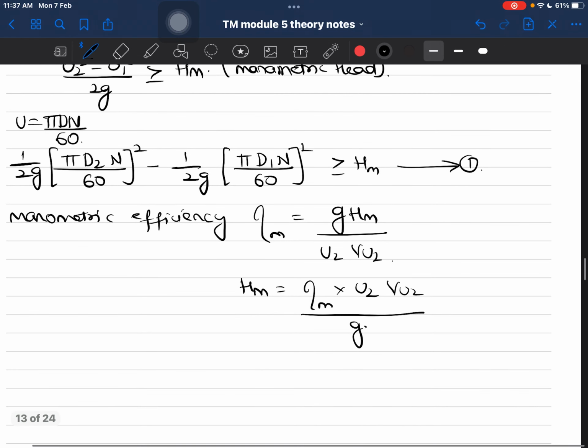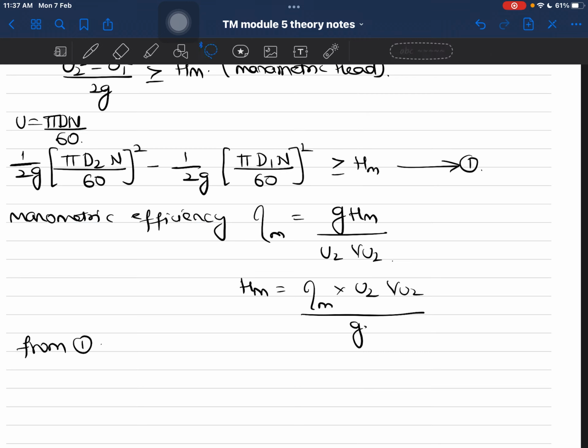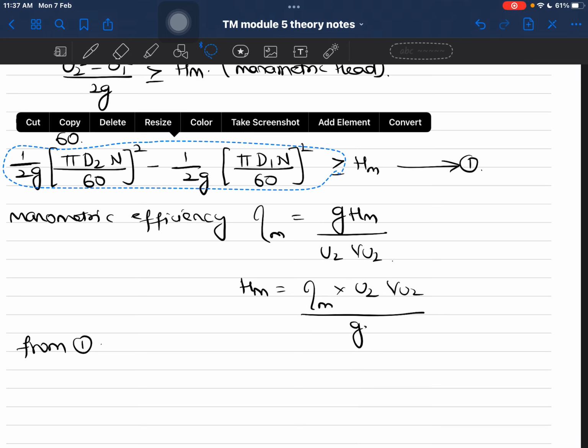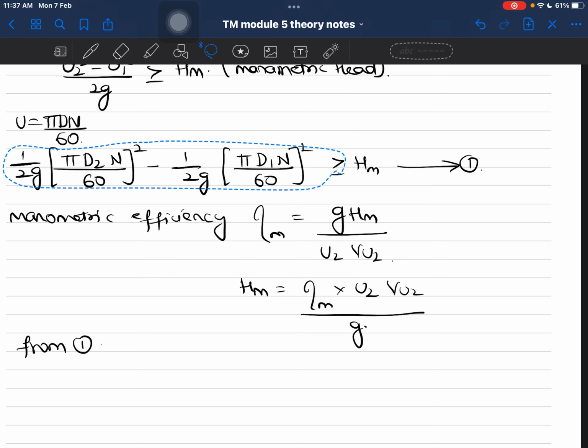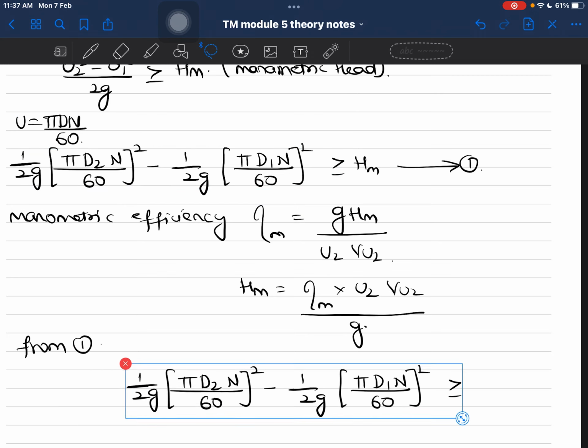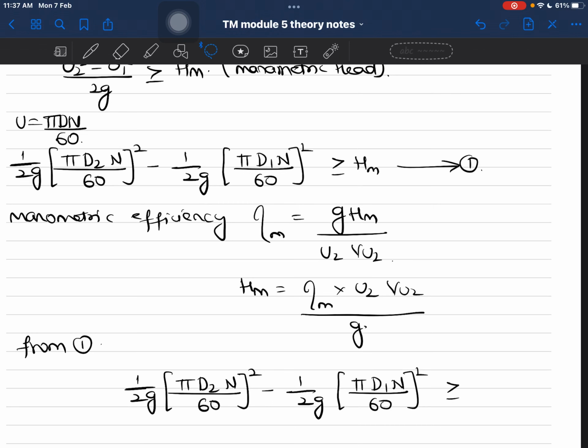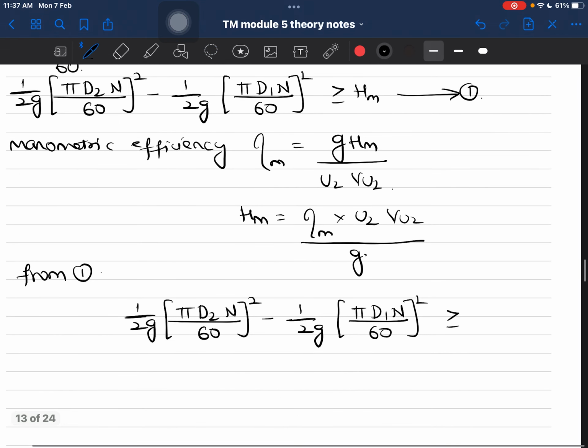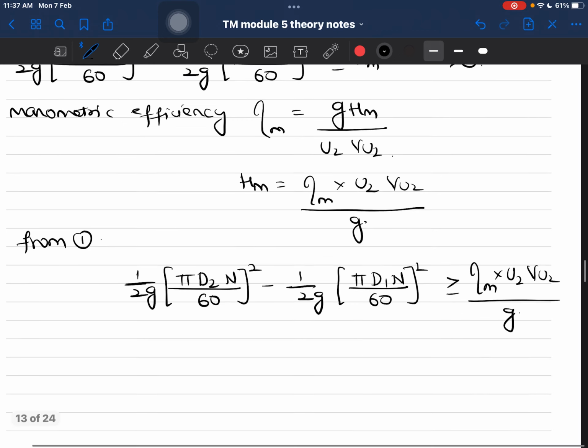Now substituting in the above from 1, substitute the value of Hm there. It is eta manometric efficiency into U2 VU2 divided by g.